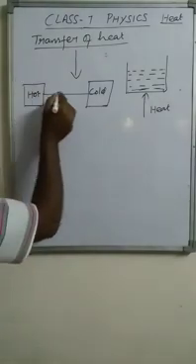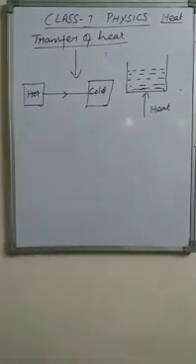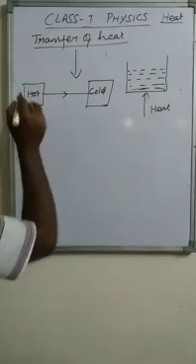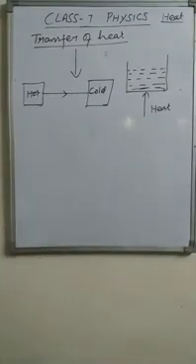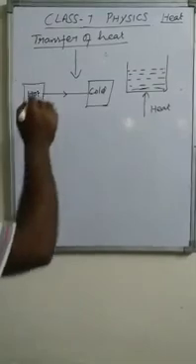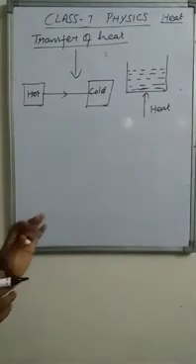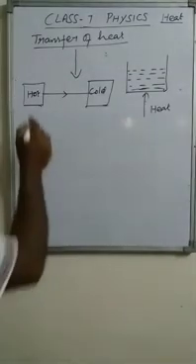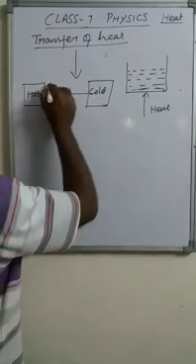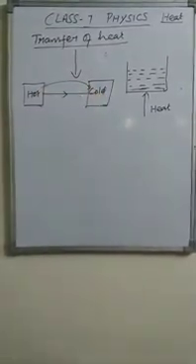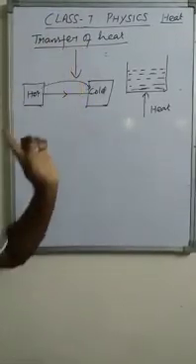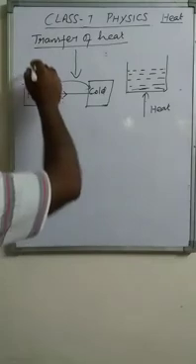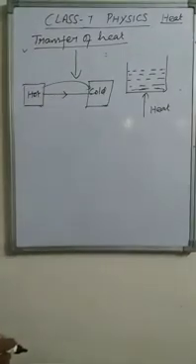The energy flows from hot to cold till they become equal. In this case, we say the heat is transferred from hot to cold. So the general thing is heat always flows from hot to cold, and this process is known as transfer of heat.